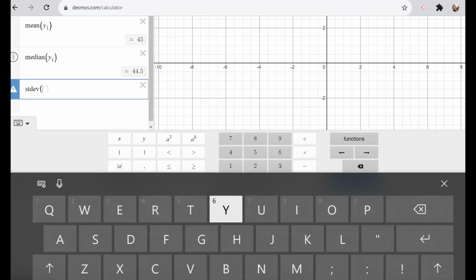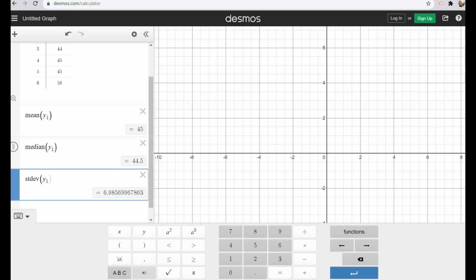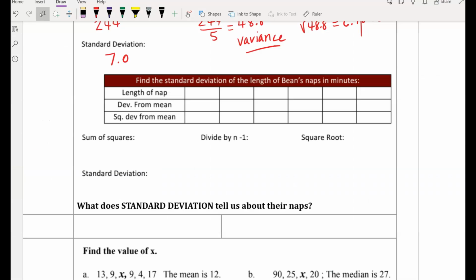So when I put that in there and tell it Y1, so here you see in that lower right corner that same standard deviation that we found by hand, and then we could round that as we already talked about. Now pause the video right here and go through those steps to find the standard deviation for our second data set about Mr. Bean's naps.